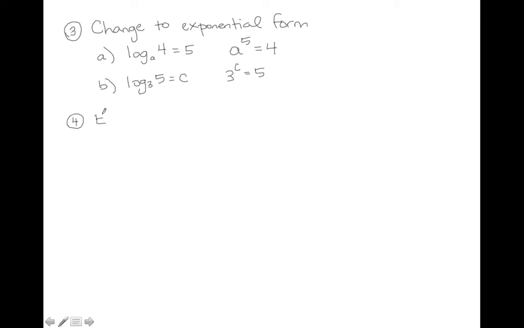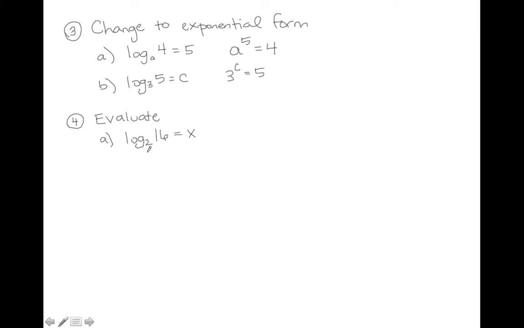Okay, so the next question will say evaluate. It means you're going to give a numerical answer. So log base 2 of 16. I'm going to think about this in exponential form. Right now it's not an equation. Let me just add equals x. Even though that's not part of the original, it helps me think about it.